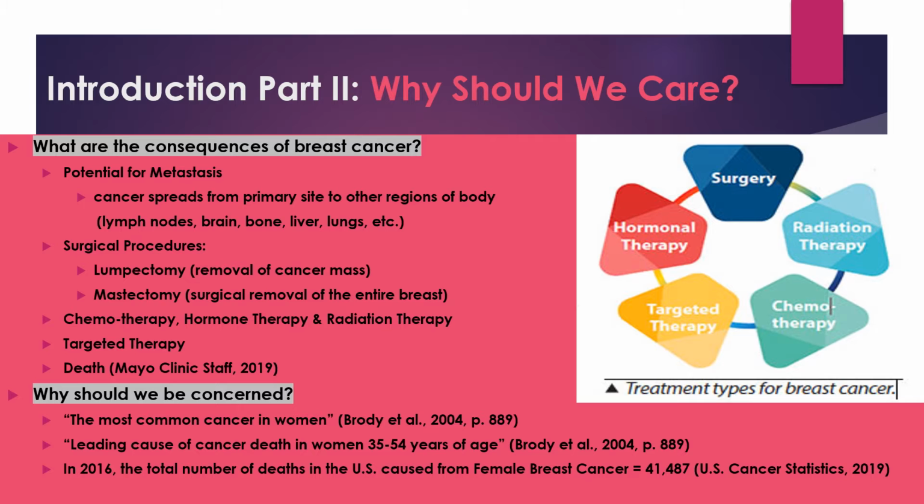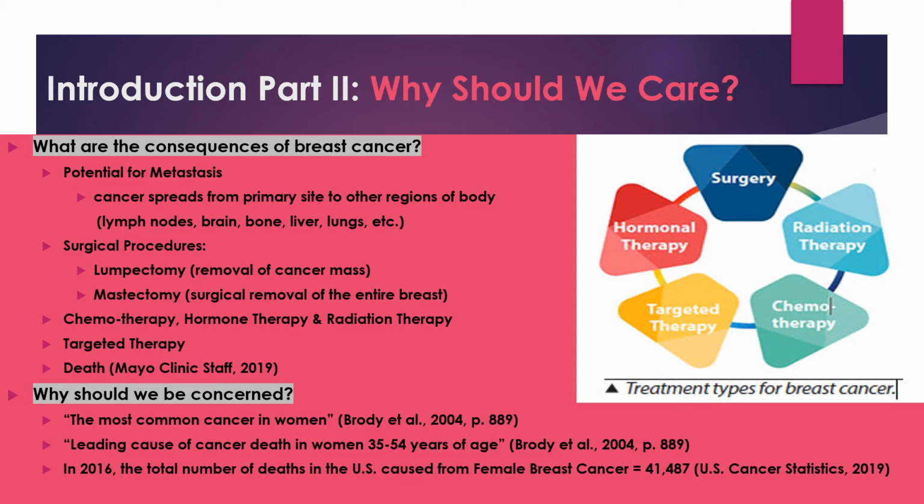Furthermore, continuing with our introduction to breast cancer and its relevant background information, what are the potential consequences of breast cancer? Well, breast cancer results in a variety of intensive and commonly invasive medical treatments, including chemotherapy, radiation therapy, hormone therapy, and targeted therapy as well.